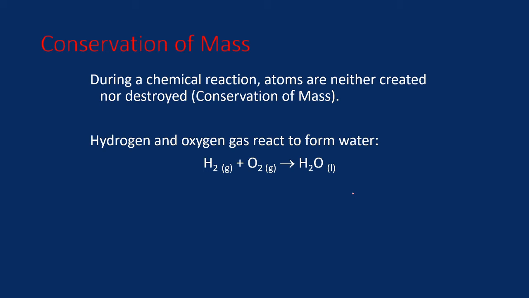As for example, we can see here hydrogen and oxygen gas react to form water, and so we can see H2 plus O2 will give you H2O. So the same number of atoms in the reactant side of hydrogen is same in the product side, as you can see H2 here and H2 again here.